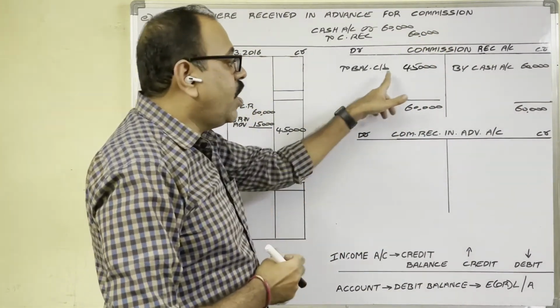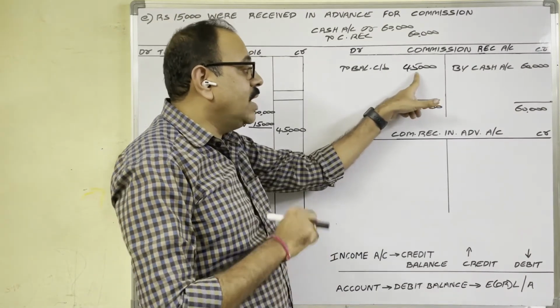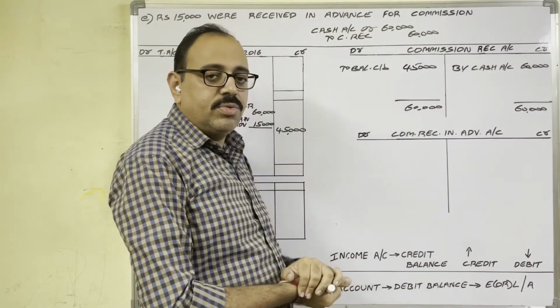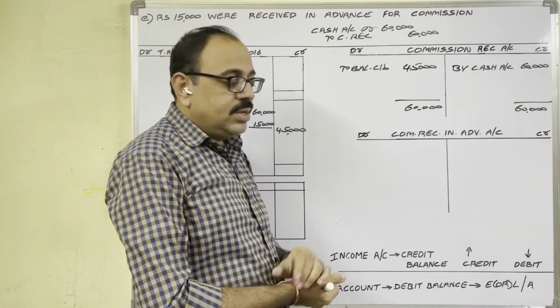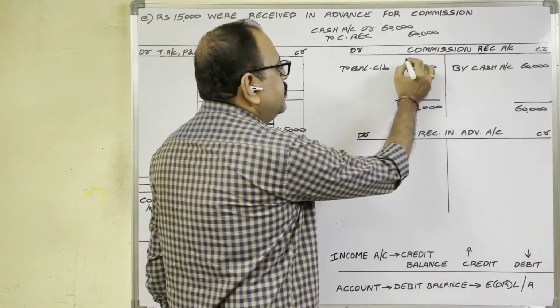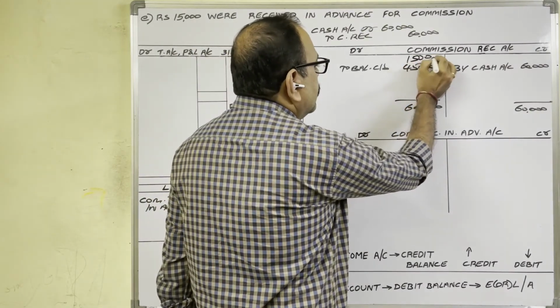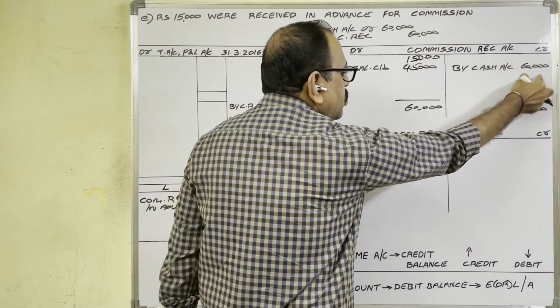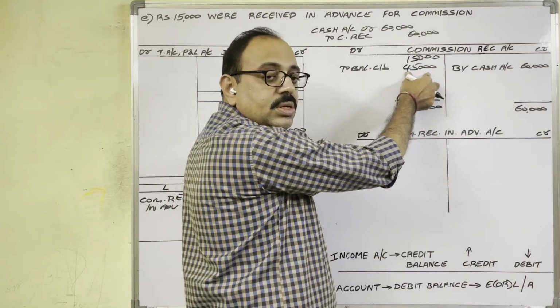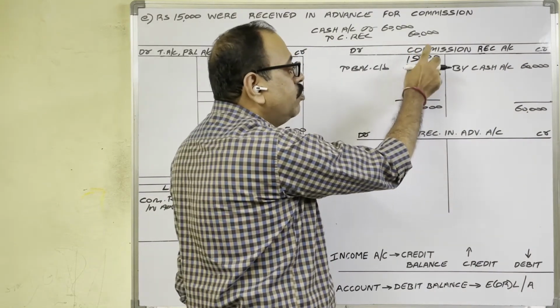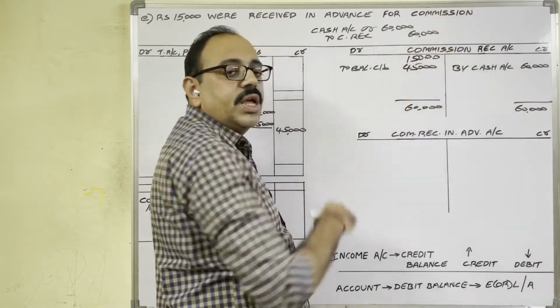So if I want 45,000 rupees as balance carried down in the commission received account, then 15,000 we should post on the debit side. Then 60,000 minus 15,000 will become 45,000 rupees. So 15,000 should be debited to commission received account.